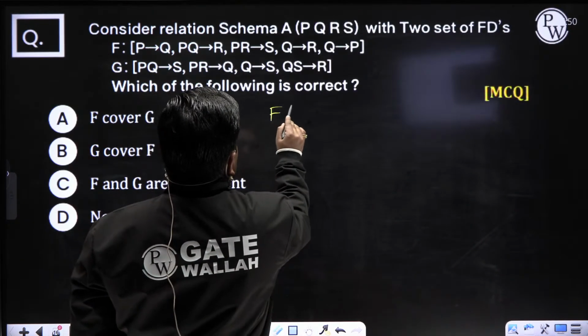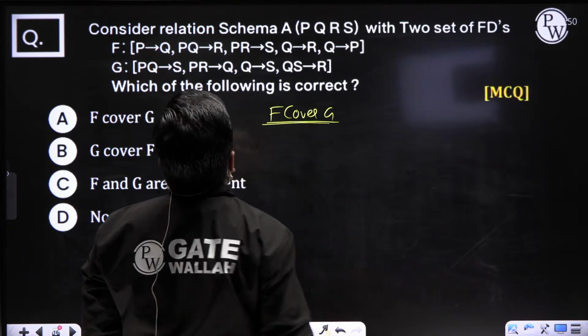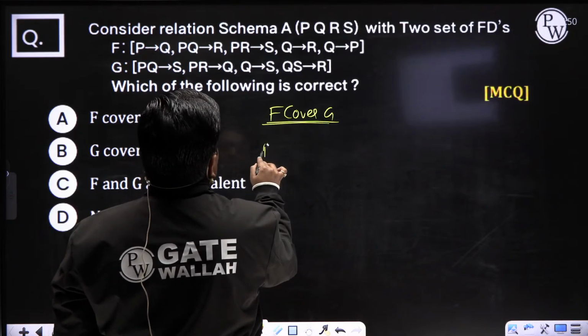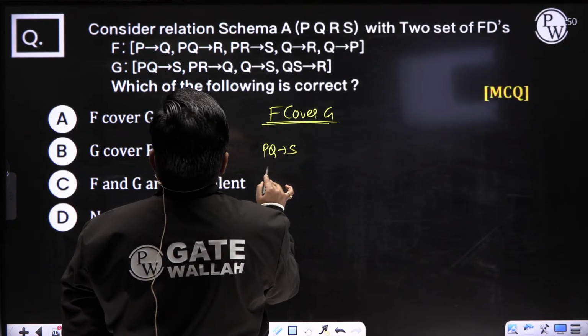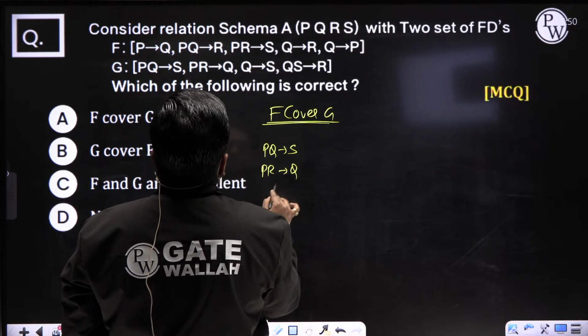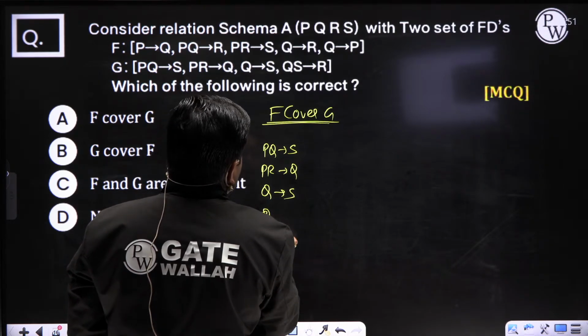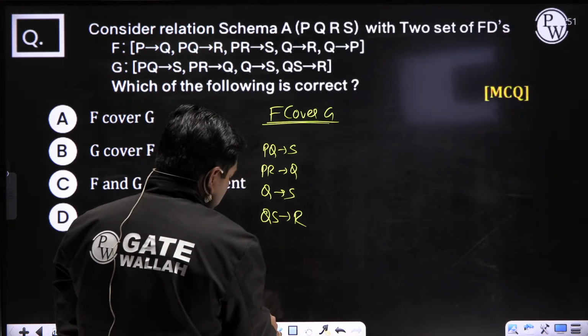Now first of all we have to check F covers G. So what we do, we write each and every FD of G: PQ tends to S, PR tends to Q, Q tends to S, and QS tends to R. Now you have to check.